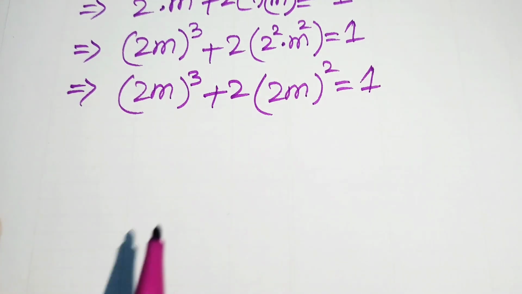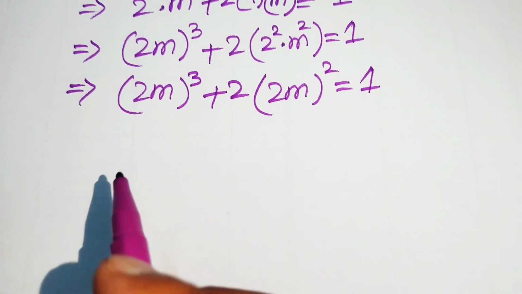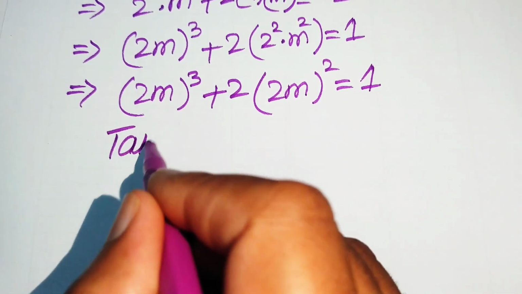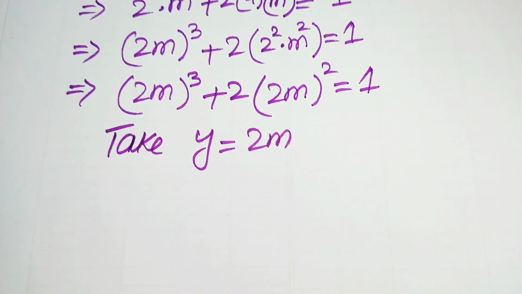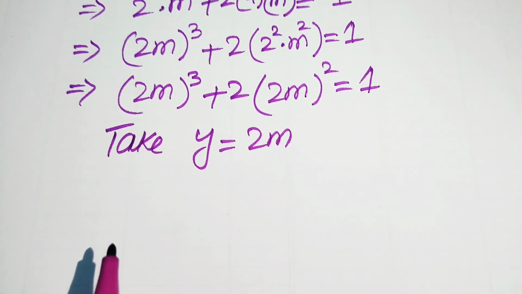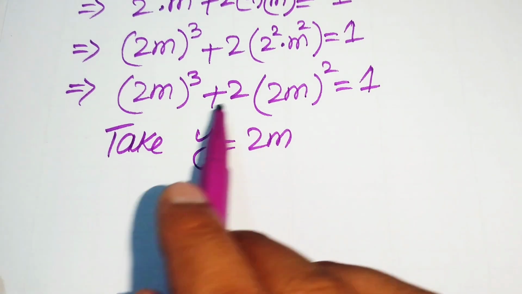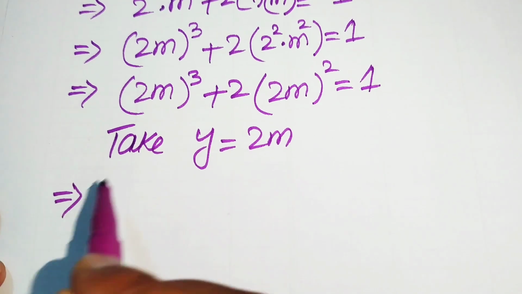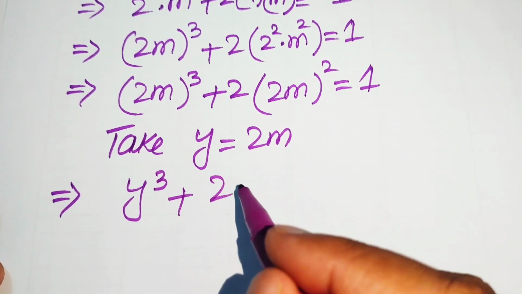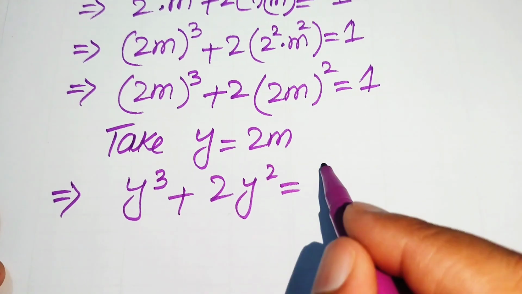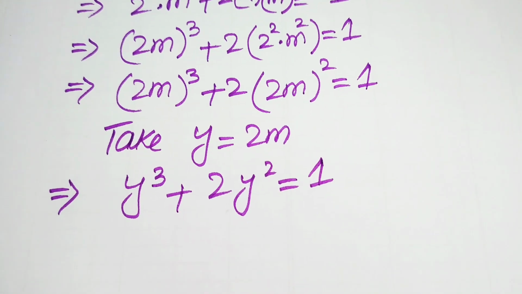Further, you see we have 2m as the common term, so we take y equals 2m. When we substitute this value of y in the above equation, it is written as y cubed plus 2 times y squared equals 1.